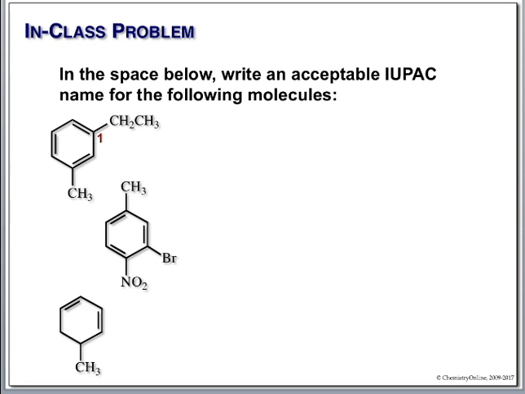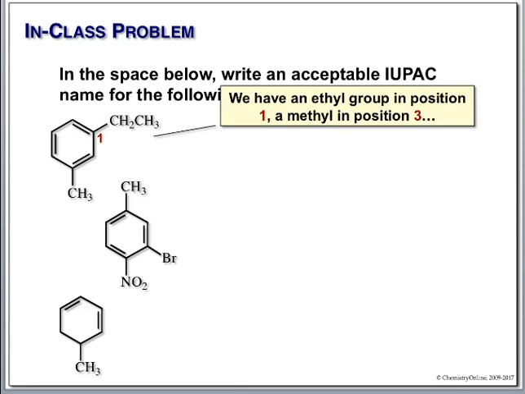Now, if we proceeded numbering around the ring counterclockwise, the methyl group would be in carbon 2, 3, 4, 5. If we go clockwise, it would be in carbon 3. 3 is better than 5. So we have an ethyl group in position 1 and a methyl in position 3. We're going to assemble our name alphabetically.